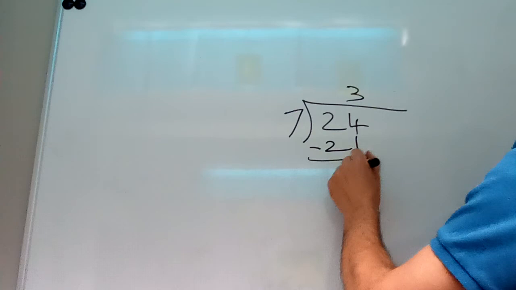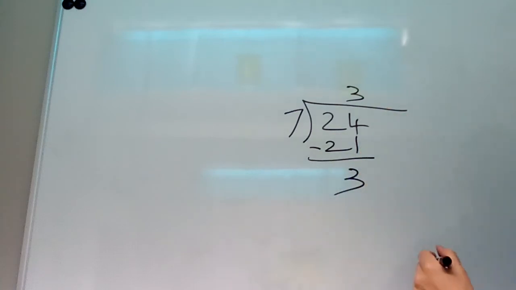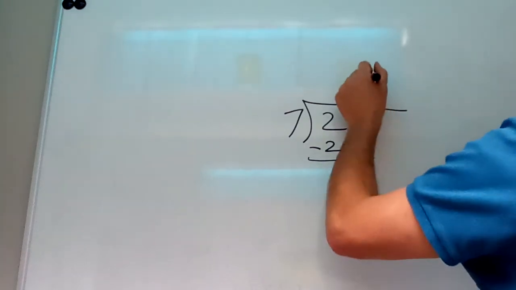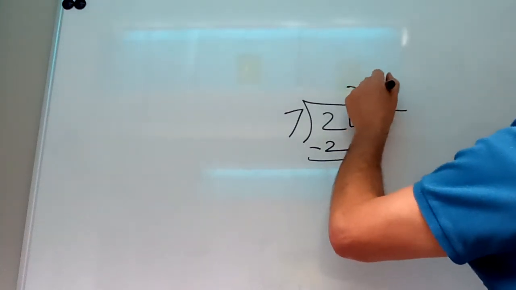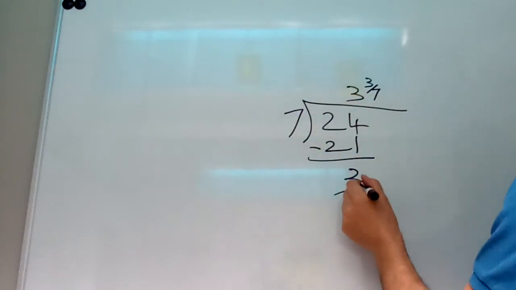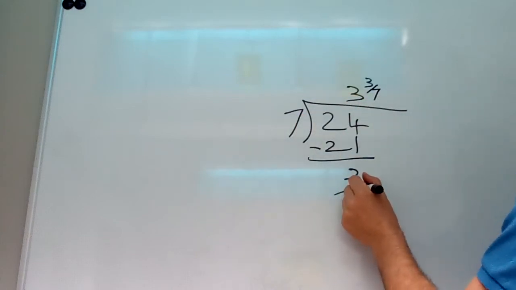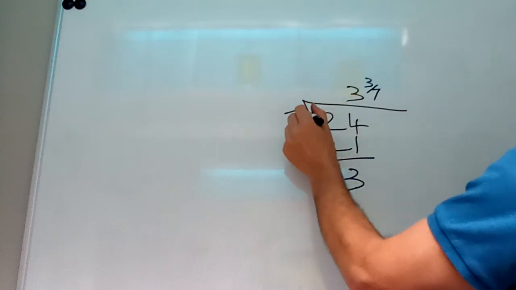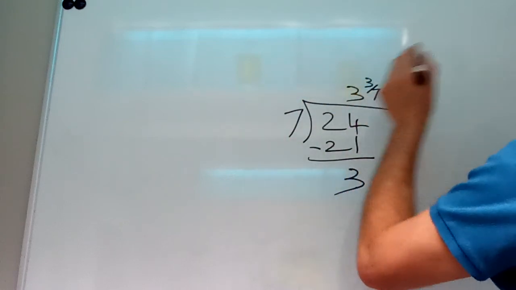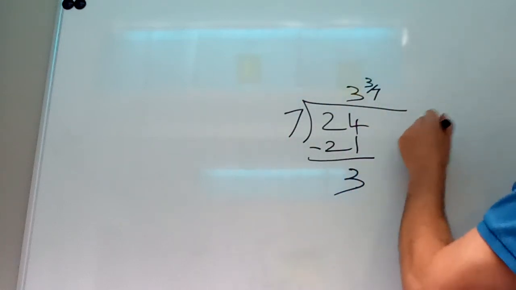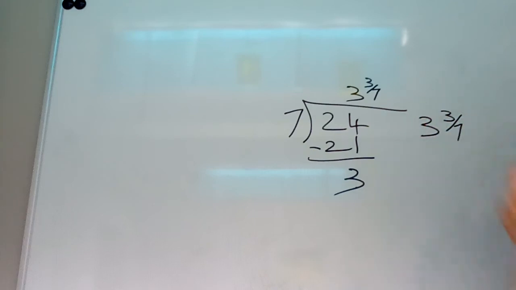I subtract, and I've got 3. There's nothing left to bring down. I could put remainder 3, but instead I'm going to list it as a fraction, 3/7. You take whatever number you have left, which is your remainder, and put it over the divisor, and that is the exact answer, 3/7.